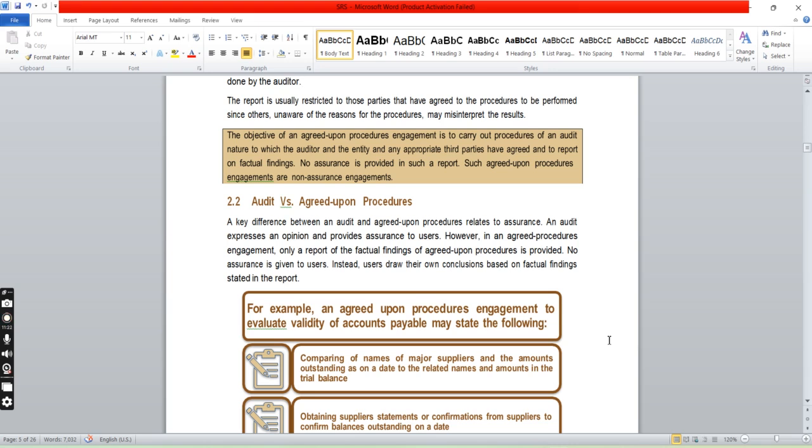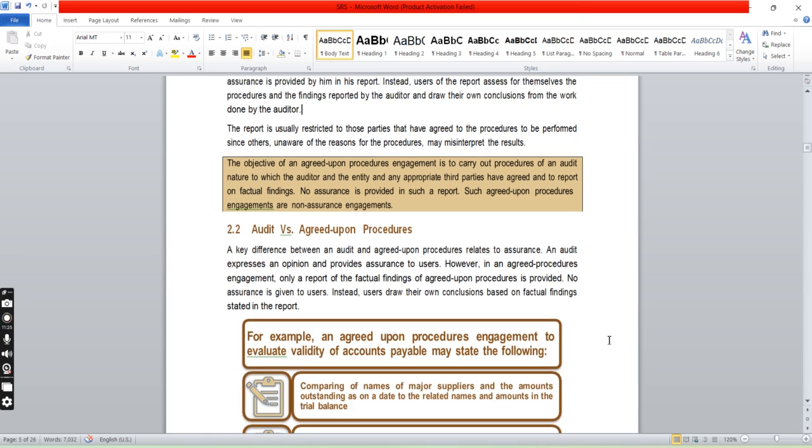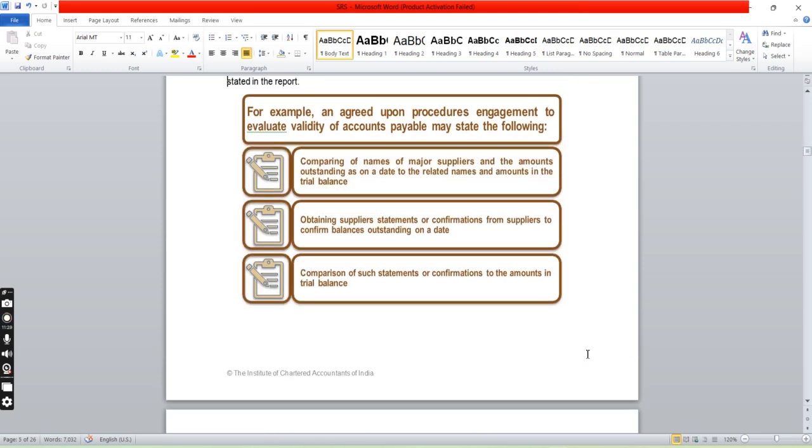For example, an agreed upon procedure engagement to evaluate the validity of accounts payable may state the following.